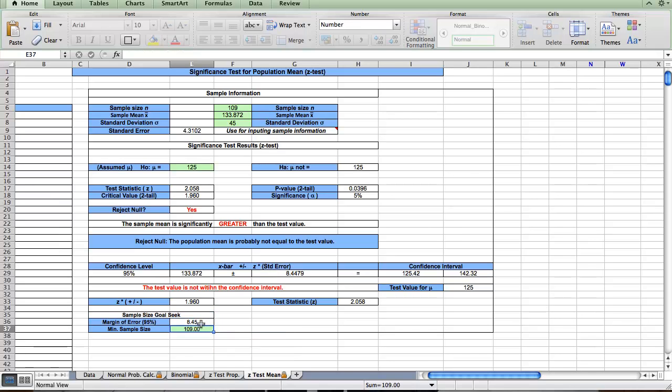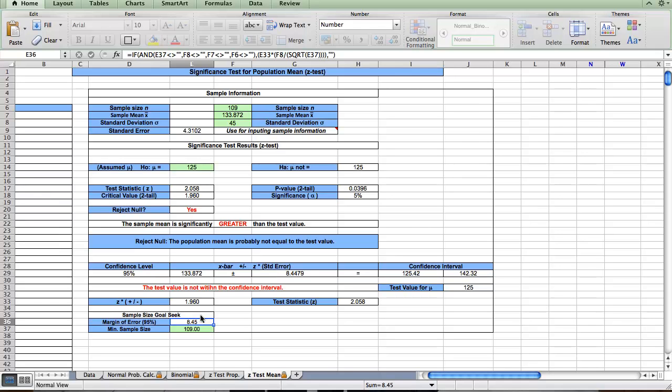We begin by inputting the current sample size. Goal-seek will not work if this is empty. Goal-seek has to begin with some value in the cell being changed. So we input 109, and we could see that our current margin of error is 8.45.